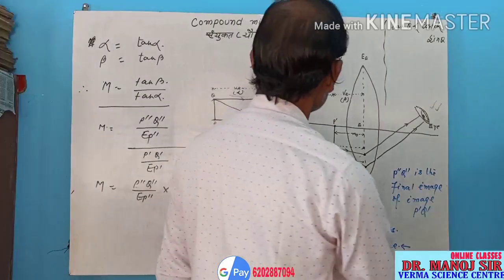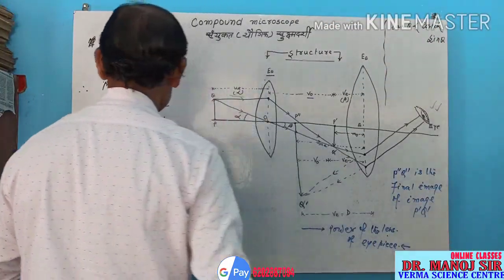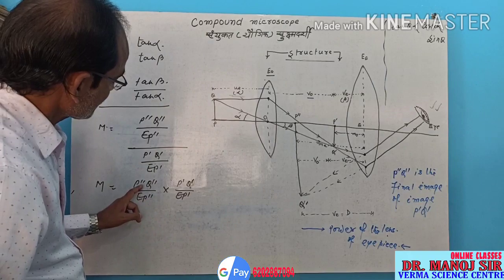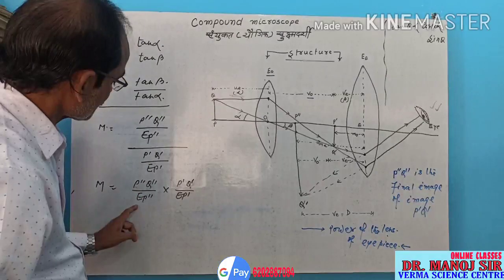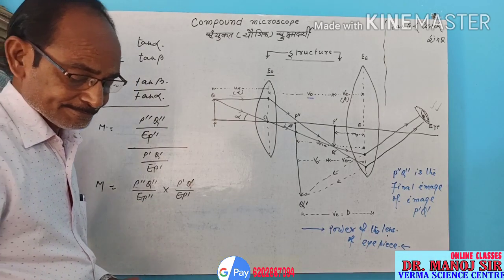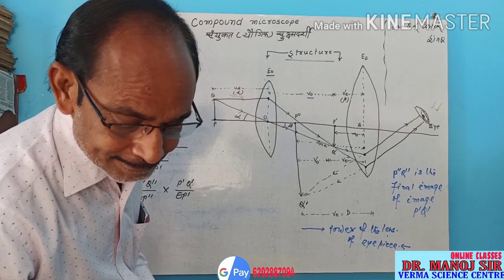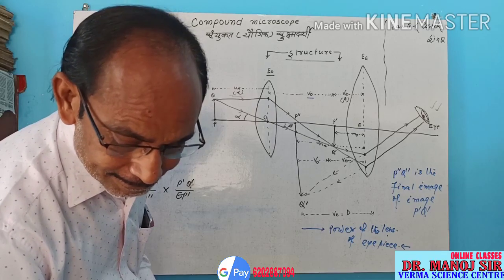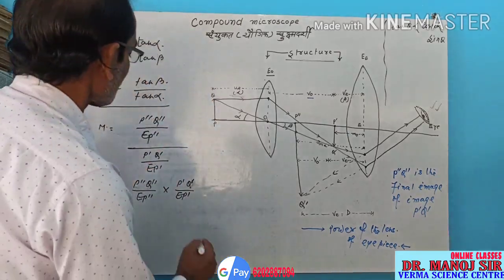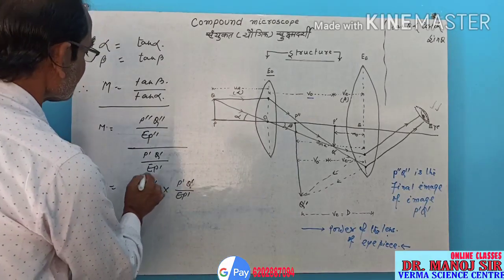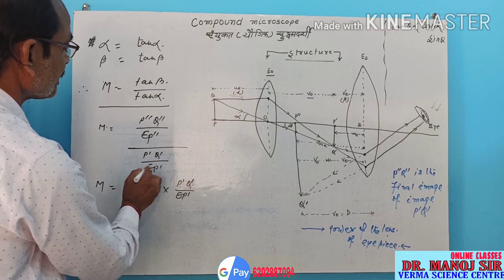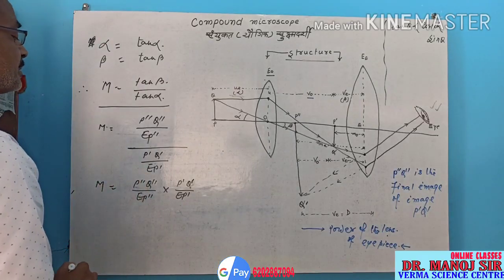Here P double dash Q double dash by EP double dash defines the magnification of the eyepiece.